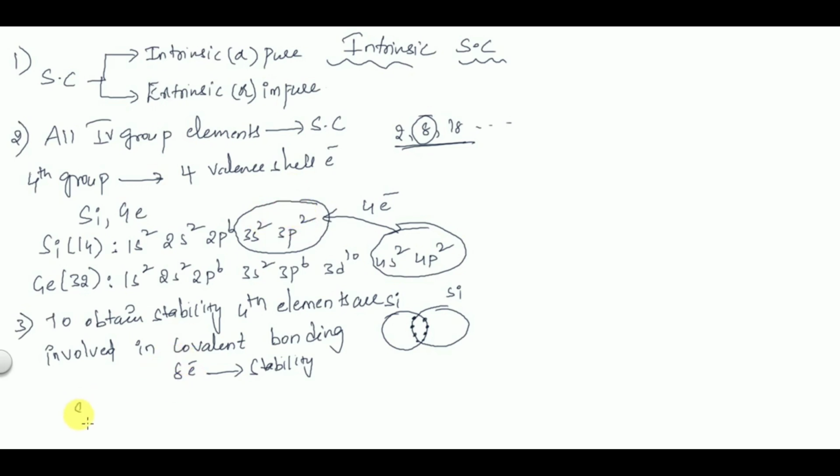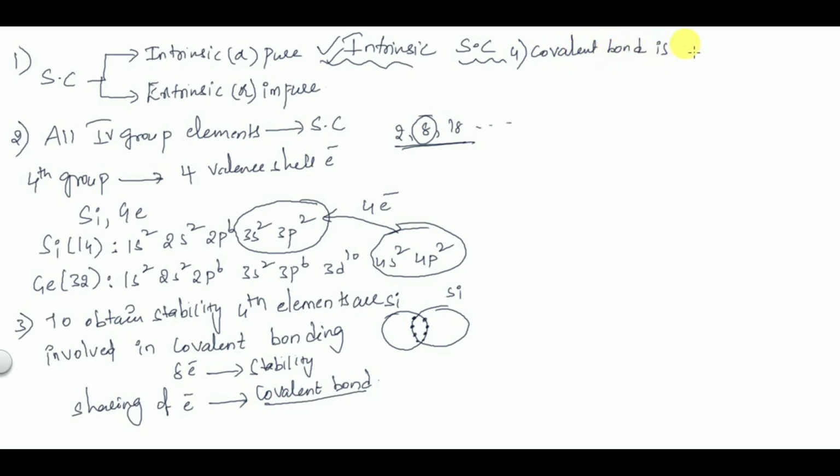The bond which is formed by sharing of electrons is called a covalent bond. So all the fourth group elements, that is all the semiconductors, are involved in covalent bonding.